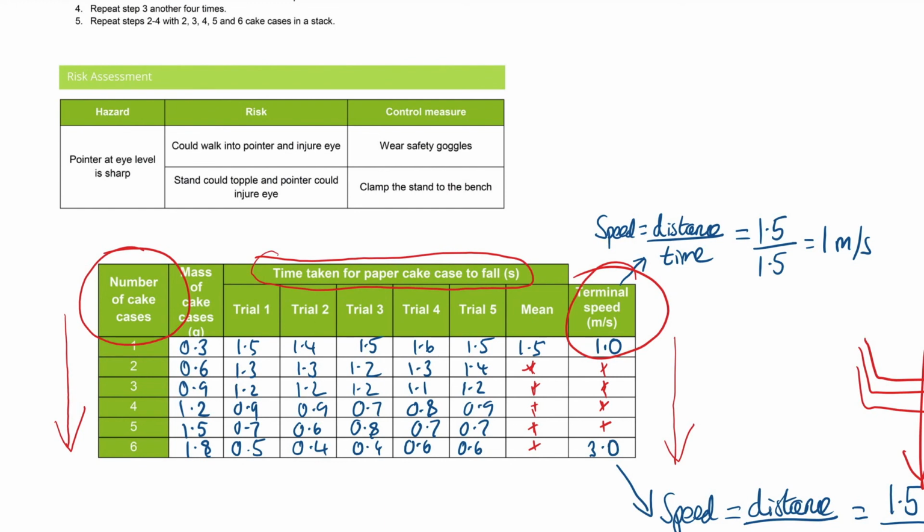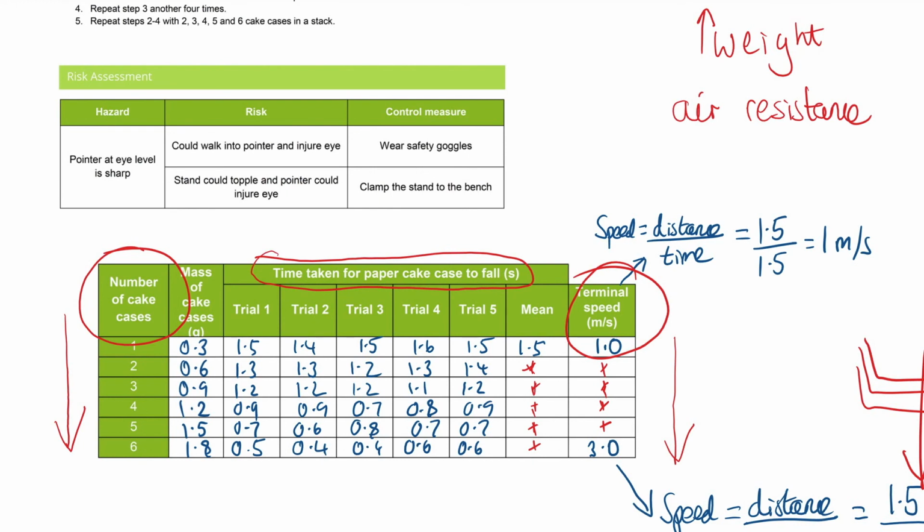The best conclusions, of course, have a scientific reason behind it. So the scientific reason or explanation will need to include how the air resistance and the weight, the two forces acting on the cake cases, change. So what you will say is that the more cake cases that are added, the larger the weight.